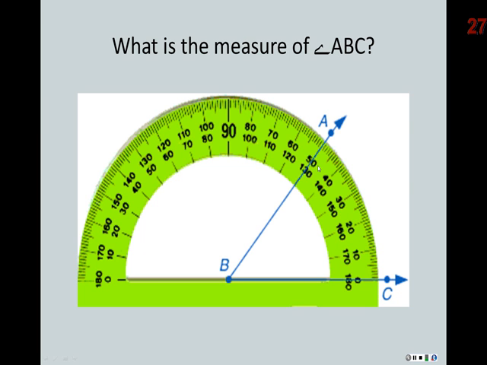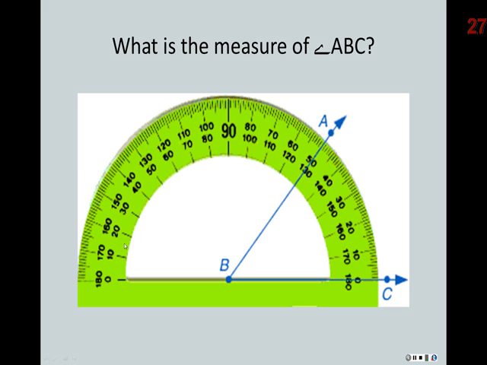What is the size of angle ABC? How much? 50. And how do you know it's 50 and not 130? Because the angle is acute. It is less than 90 degrees. I need to give you the acute measure, which is 50. 130 is obtuse, which would be this big angle here that doesn't have any labels.